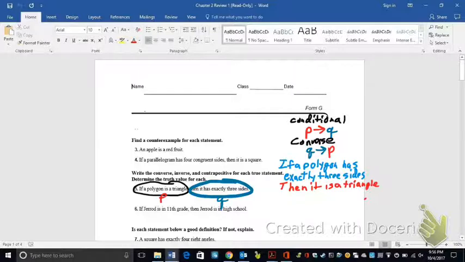So make sure that when you're doing the converse, the inverse, and the contrapositive, what you're really doing is just following the rules. You don't need to worry about the truth value of the statement until afterwards. So, next up is the inverse.